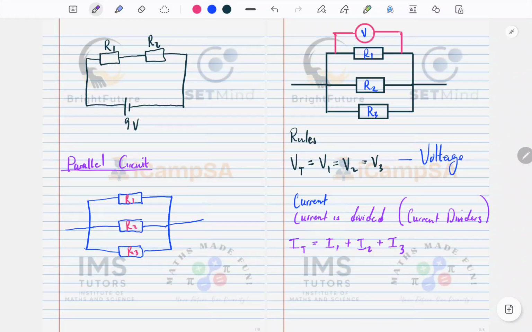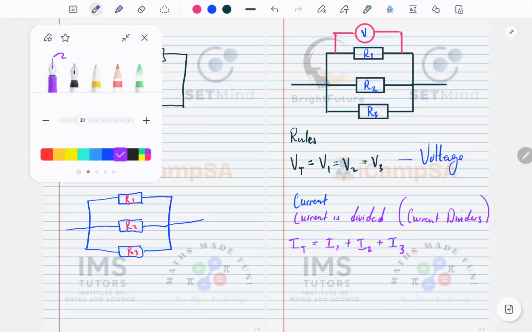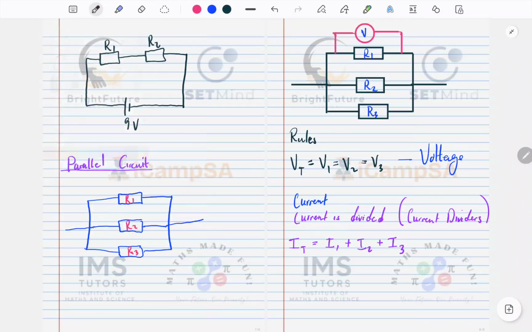And then we have resistance finally. Now resistance here is different also.